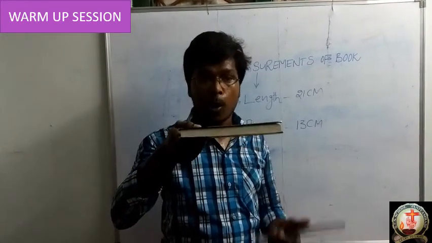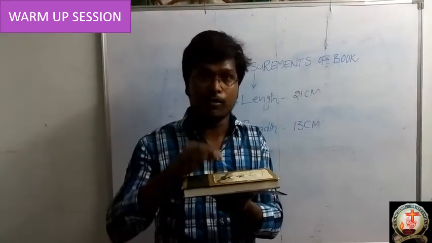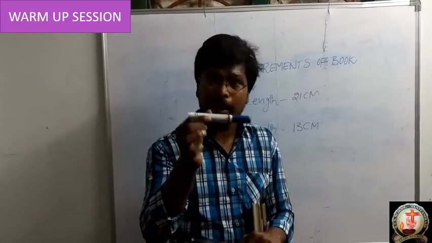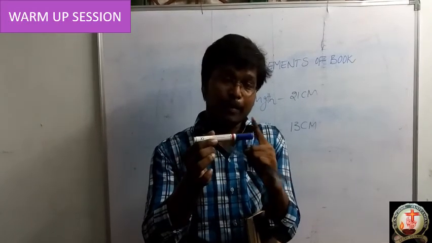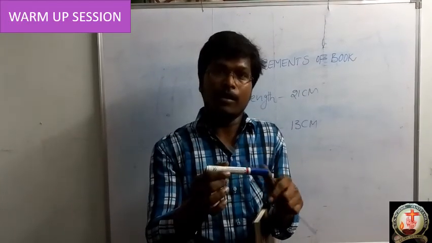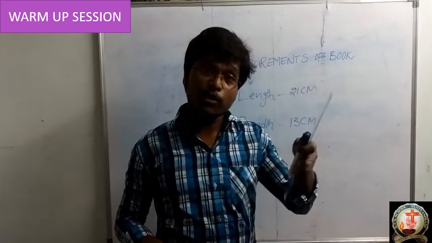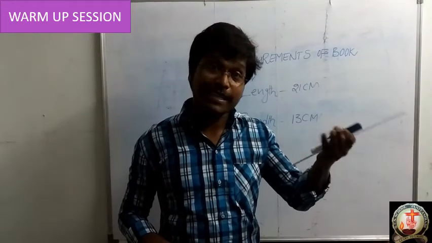The book, an object or substance. I found this object's two measurements. What are they? Length and breadth. Like this I can find this pen's measurements also, that means length and breadth. So like this way we can find measurements of any object or any substance.